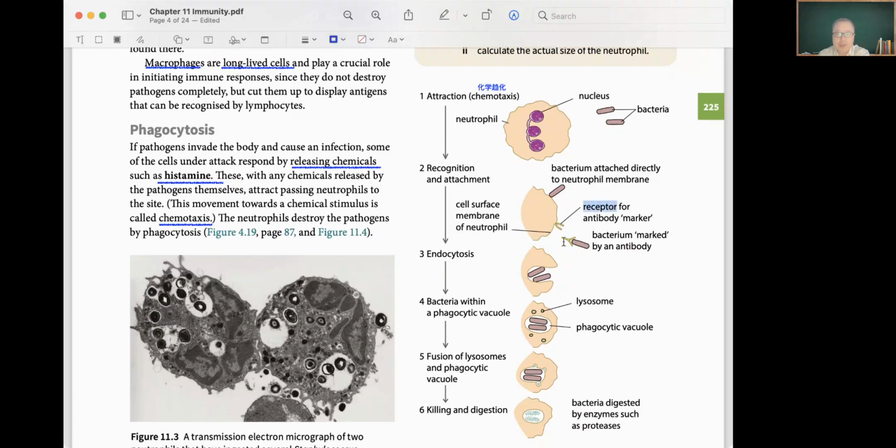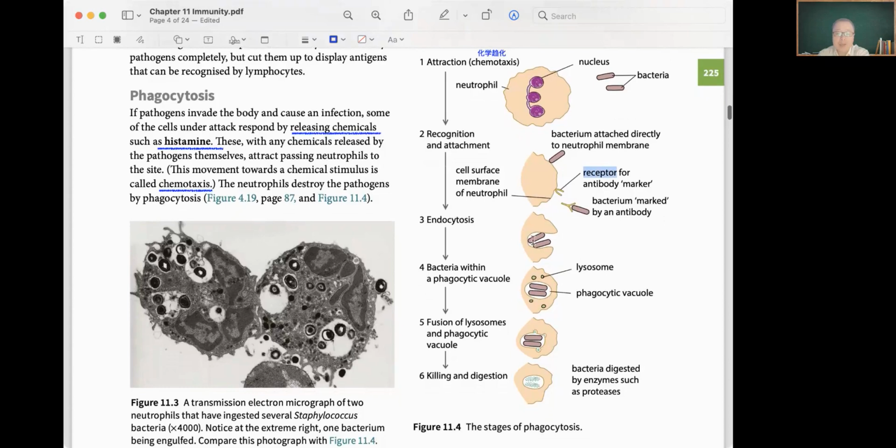The receptor can recognize the antibody. It is called an antibody marker or receptor. So the cell surface membrane of the neutrophil, the receptor can recognize the foreign pathogen, the virus, the bacteria.